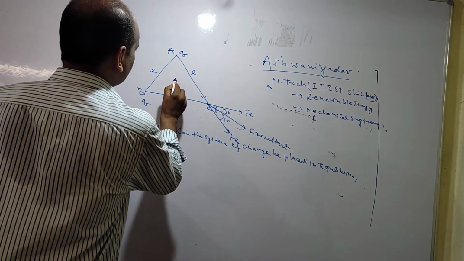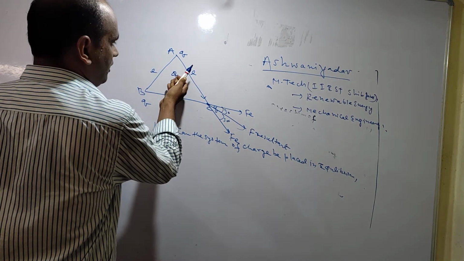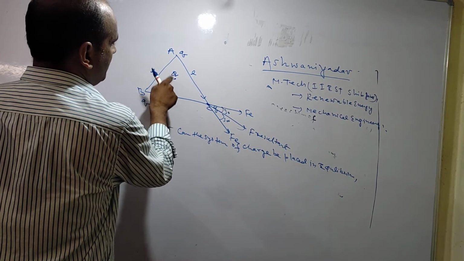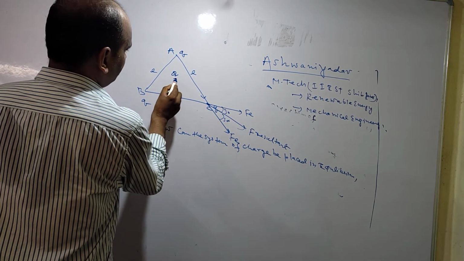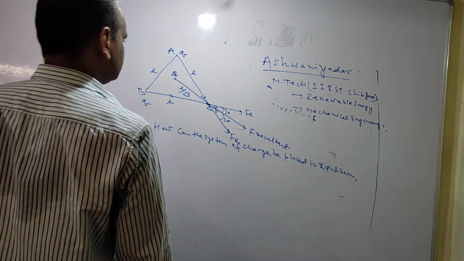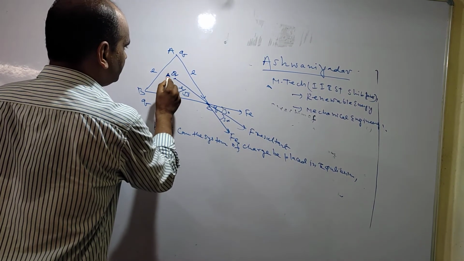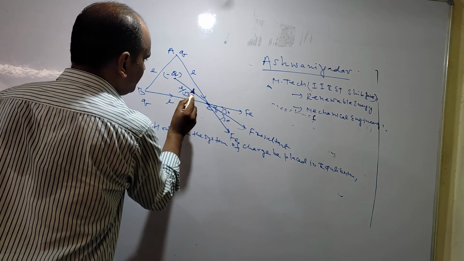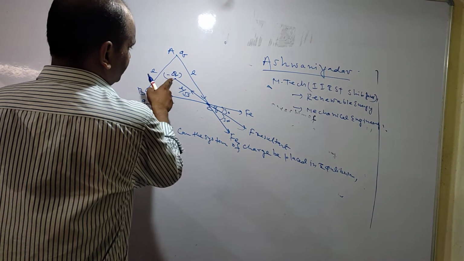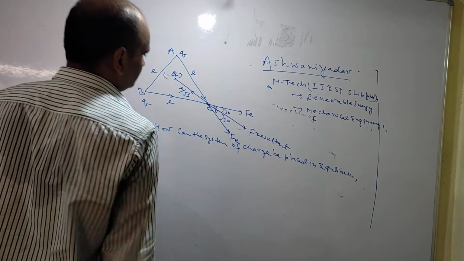So you must keep a point charge q, I don't know how much, you have to find q, placed at this point, that is the centroid of this triangle. You know this distance is nothing but L by root 3. This charge must be negative, because it has to apply the force in this direction. We all know that positive and negative charges attract each other, and positive and positive charges repel each other.